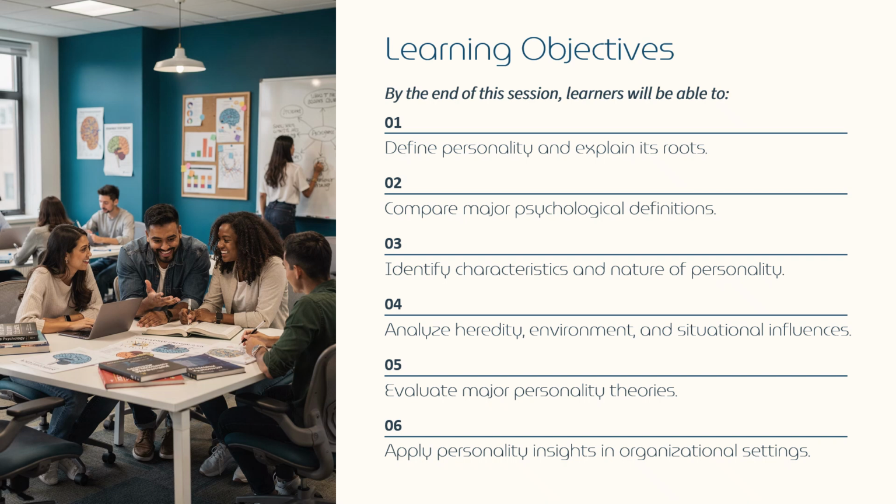Analyze the major factors, heredity, environment, and situation, that shape personality development. Evaluate the four major theories of personality: psychoanalytic, socio-psychological, trait theory, and self theory. And apply this concept to understand individual differences in organizational settings.